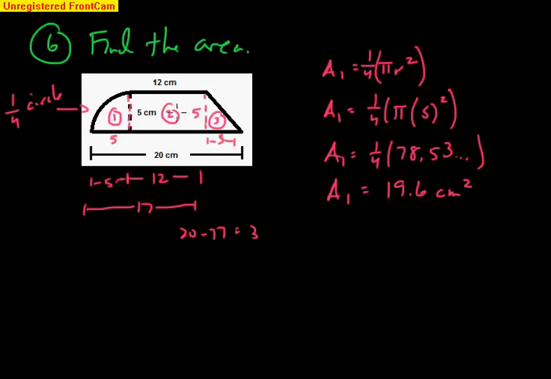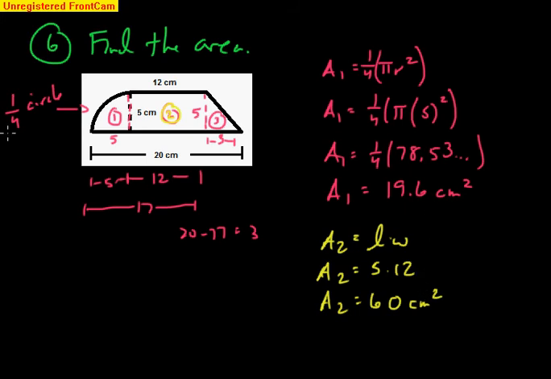Area 2 is easy. Area 2 is just length times width. 5 times 12, that is 60 centimeters squared. And now what about area 3? Let's use blue. Area 3, the triangle.